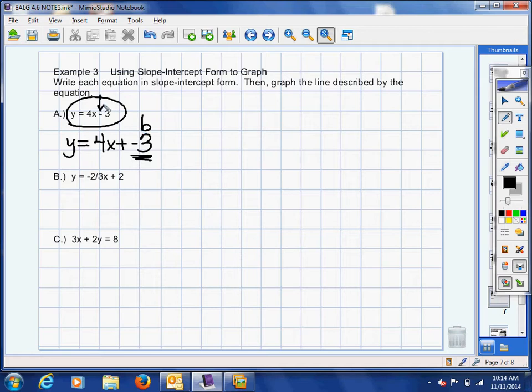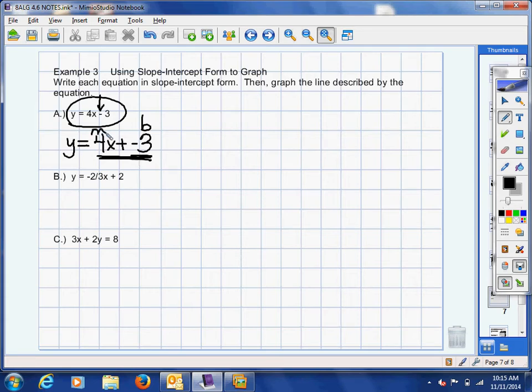So it's real important that you look at the sign right in front of that 3, and the sign of that number is the sign of your y-intercept. So 4x minus 3 indicates a y-intercept of -3. But if you need to see it a little bit more clearly, please rewrite it as addition, add your opposite, and you'll see that the y-intercept is -3.